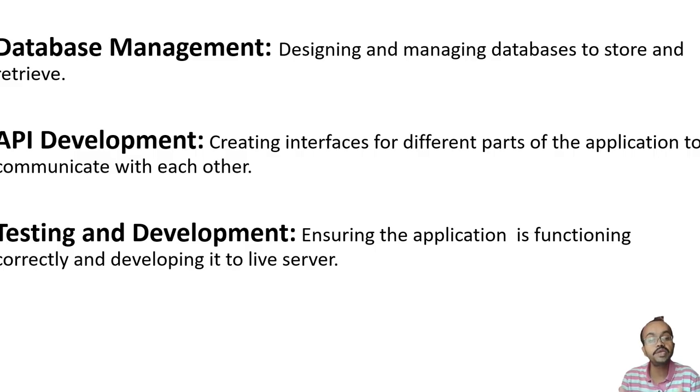API means application programming interface. What will it do? It creates interfaces for different parts of the application to communicate with each other. The API communicates with both the front end as well as the back end technologies.